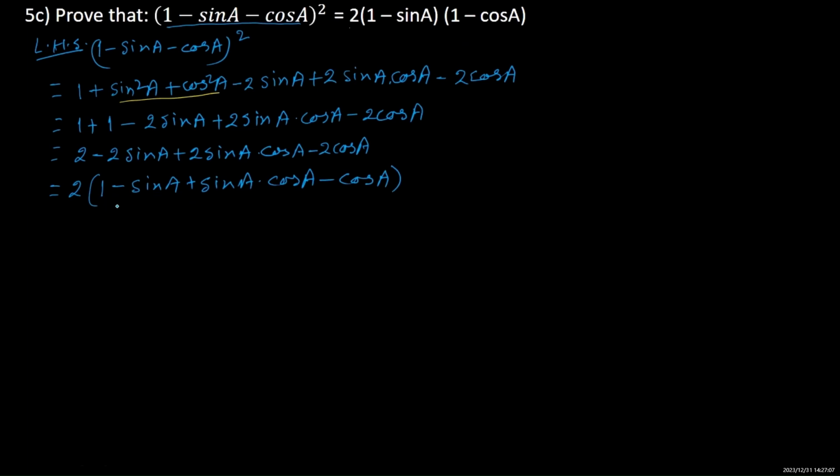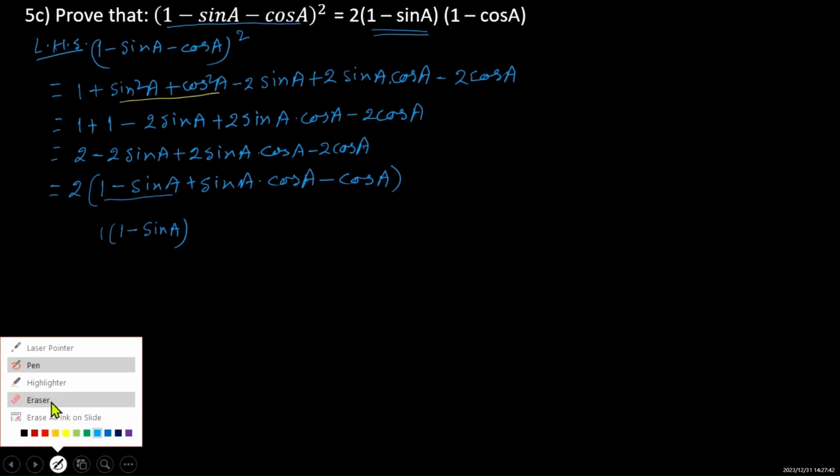Inside the bracket, if we take 1 common from the first two terms, there will remain 1 minus sin A. And from these two terms, if we take cos A common, there will remain sin A minus 1, but we need 1 minus sin A. So terms need to be arranged. First of all, we'll arrange the terms.